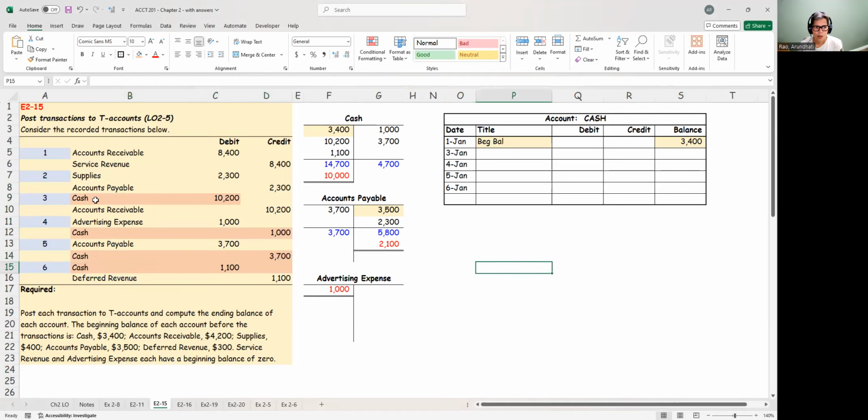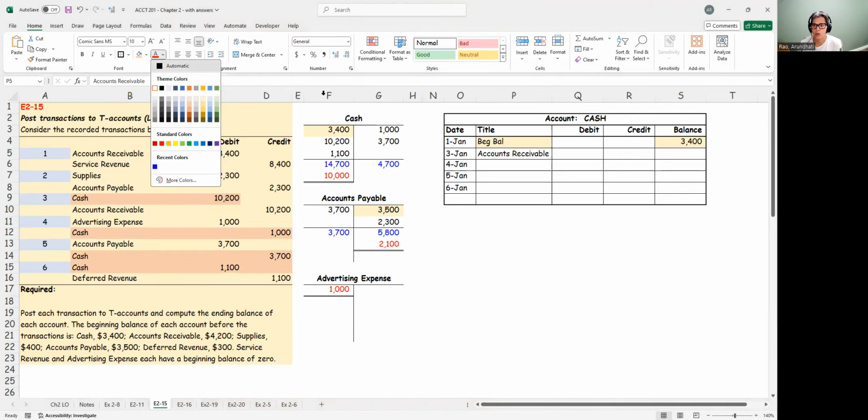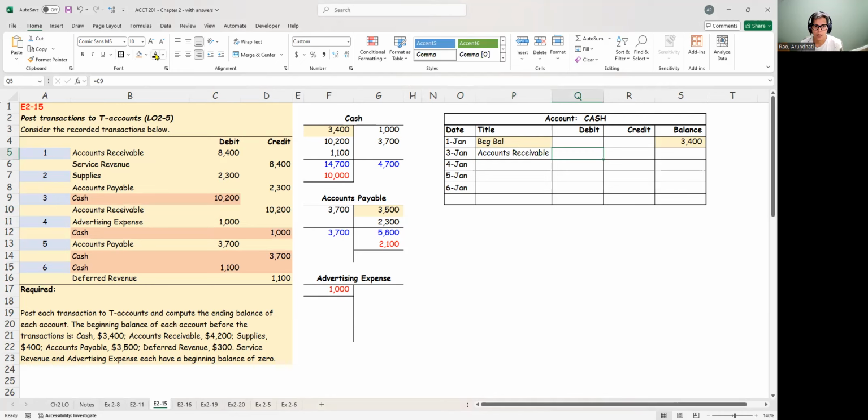Okay. So cash was debited 10,200. It was debited because a customer paid me. Accounts receivable was credited. So over here under title, I will write accounts receivable. On the debit side, I'm going to put 10,200. 3,400 plus 10,200, I come up with my total 13,600.